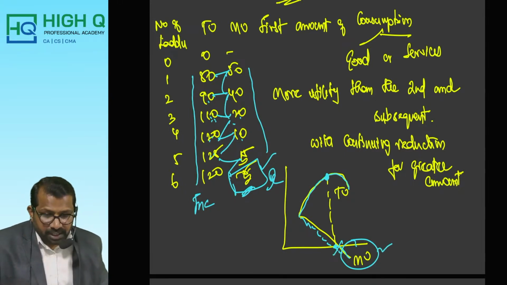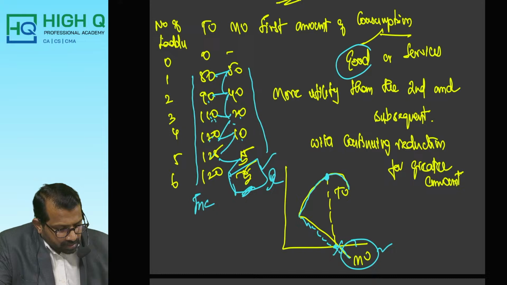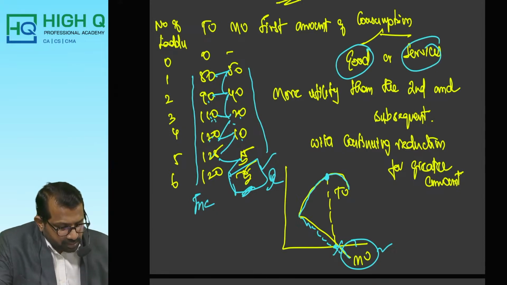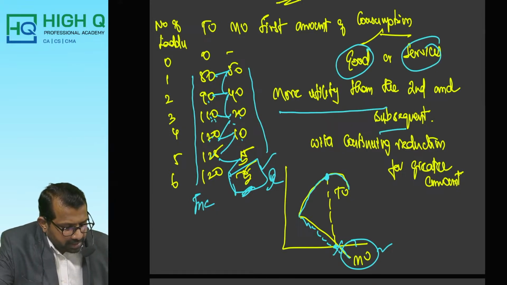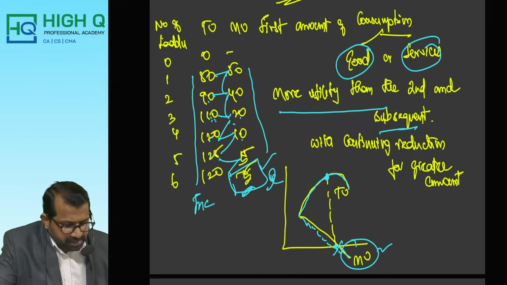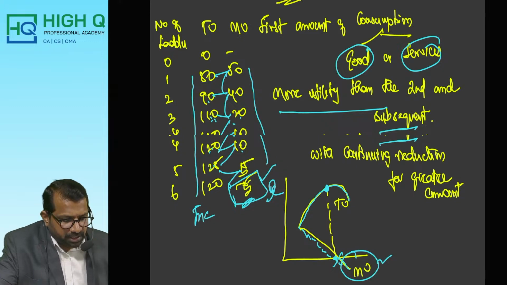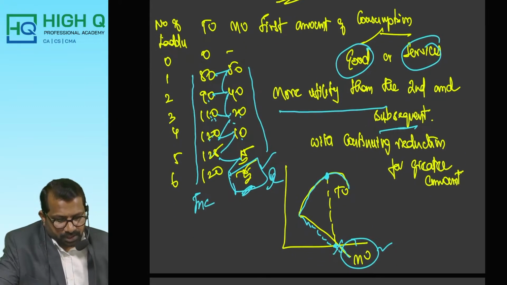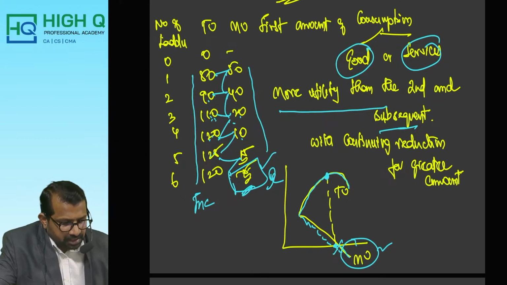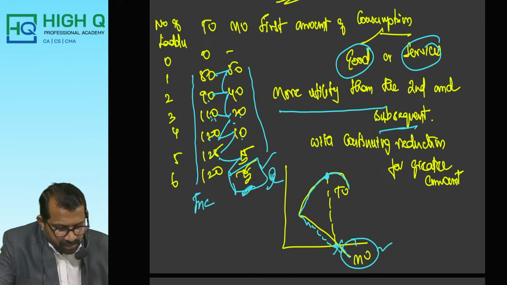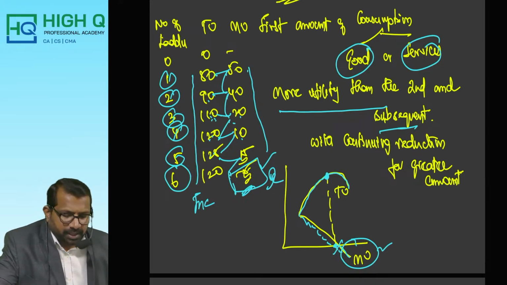So this table shows that goods and services give more utility at first than the second and subsequent, with continuing reduction for greater amounts, which is possible in marginal utility. As the number of units started to increase, our utility started to decrease.